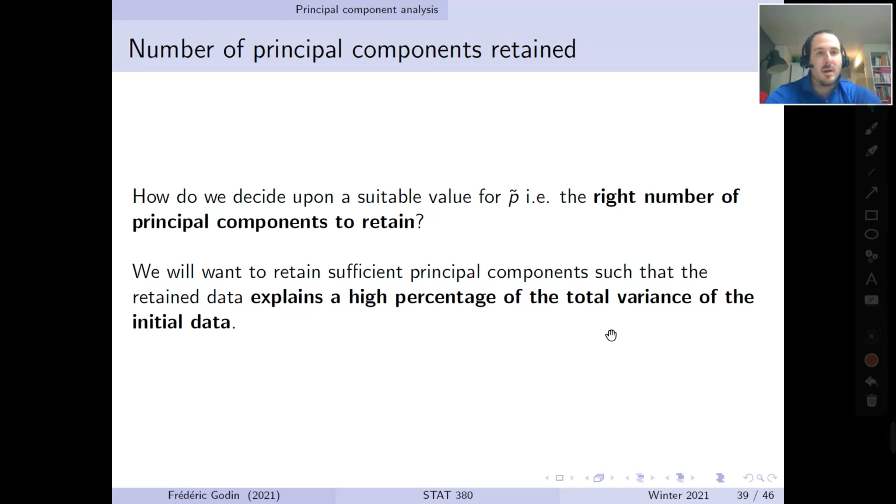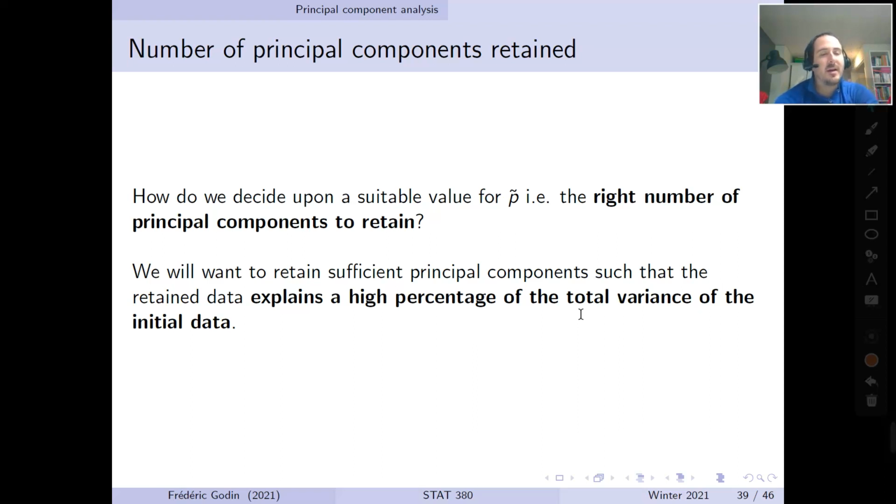We're going to explain that more precisely mathematically next, but the idea here is if there's some axis where there's a lot of variability, and this variability is lost within the new data, this means that we've lost some information that is relevant, and we don't want to do that.